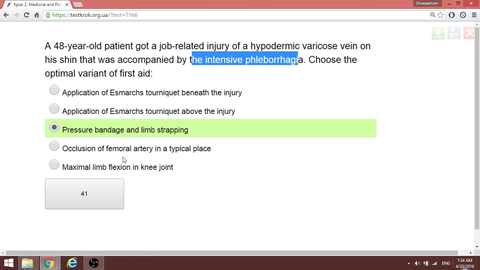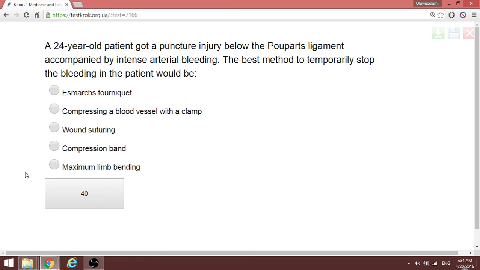In all these cases, this is not arterial bleeding, it's venous, so it's not these ones. The only answer that could possibly confuse a little is Esmarch's tourniquet beneath the injury. Esmarch's tourniquet is actually used to exsanguinate or remove blood from veins in patients that have the arterial supply cut off from that same region. So it's not that.